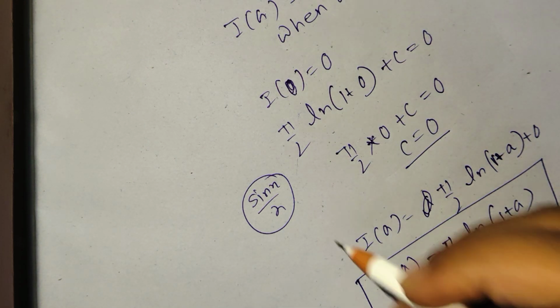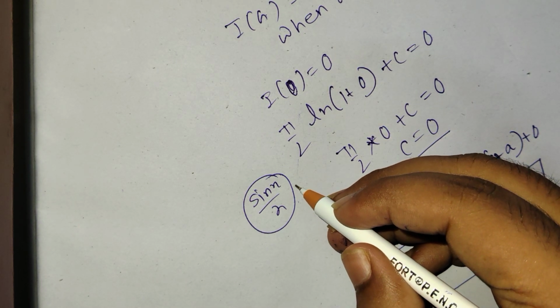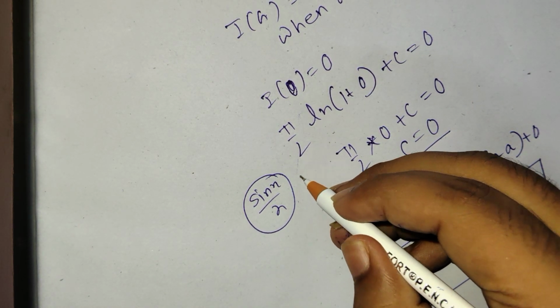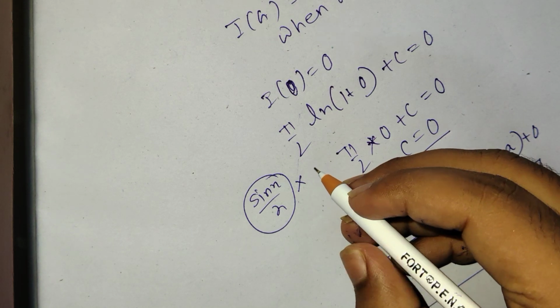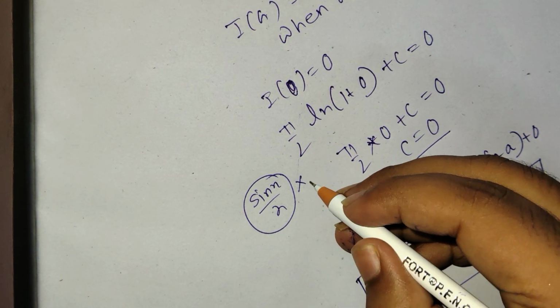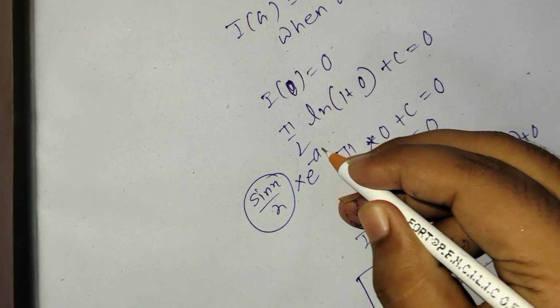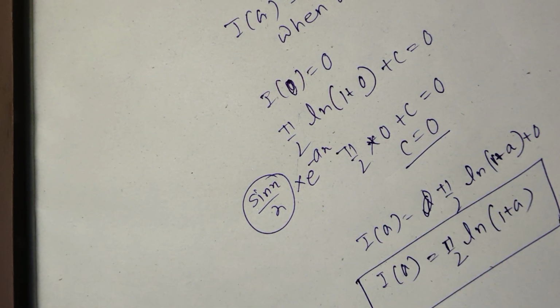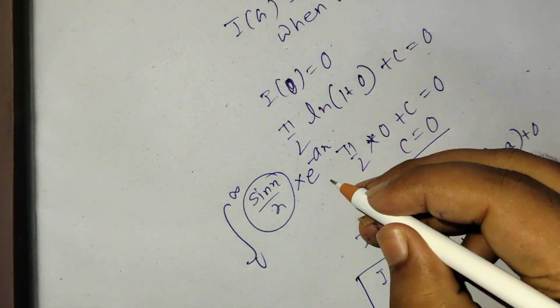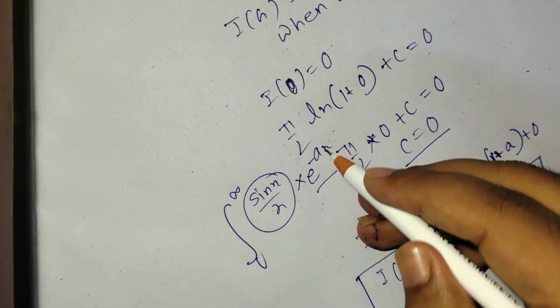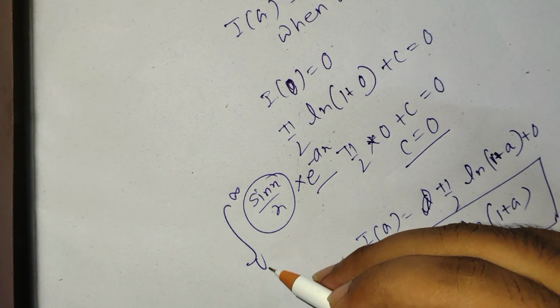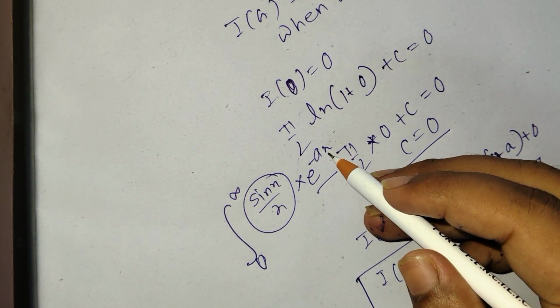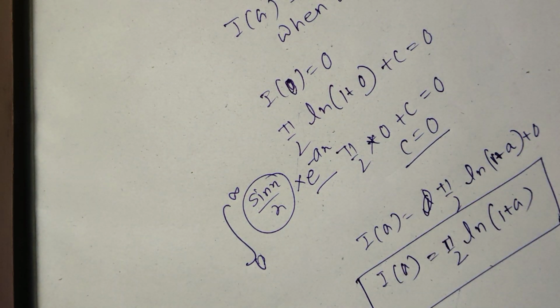But in the case of sine x by x, you have to take another function which is equals to 1, but you have to replace it, and in most cases we have to take that, so that when we are putting the upper limit, then it will be 0, and when we are putting the lower limit of x, then it will be 1. This is the actual process, but in the next video I will talk about that.